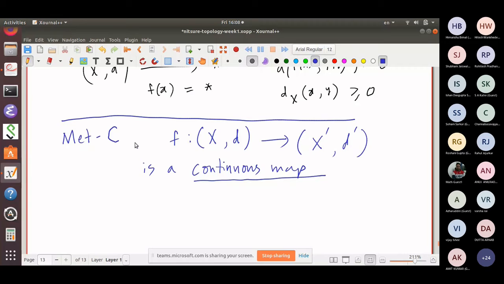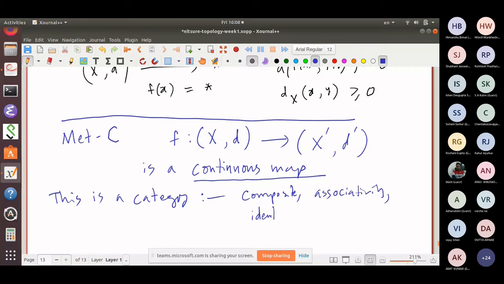Okay. So now again, this is a category. So again, what do you have to check? Composite, associativity, identity arrow.